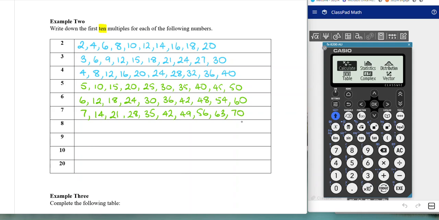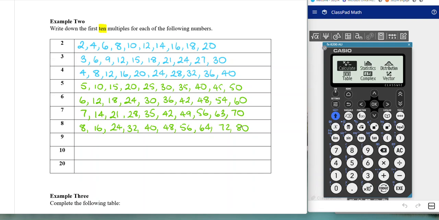And last one, 70. All right, gonna do eights. Yes. Oh, wait, got to keep up. Yep. Yes. 56. Yep. Yep. Yes.